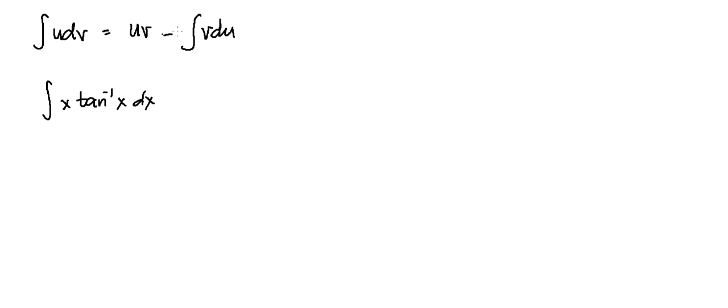According to integration by parts, we need to first determine the values of our u and our dv. We said last time that in choosing u and dv, it is suggested that our dv must be integrable.